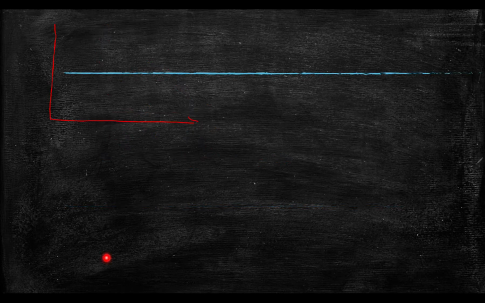Just look at this. I am having x-axis and y-axis. Let me take this as x-axis, this as y-axis. We can have the semicircle like this, like this, and like this.